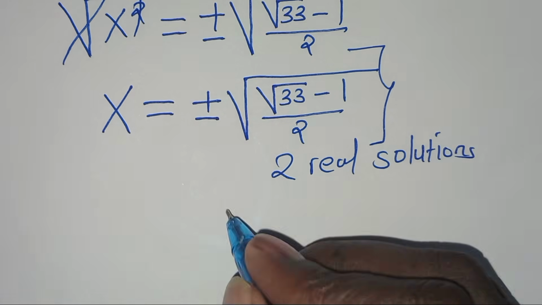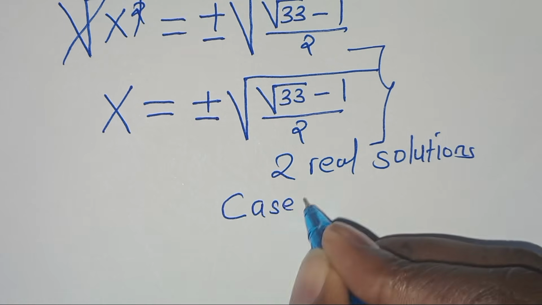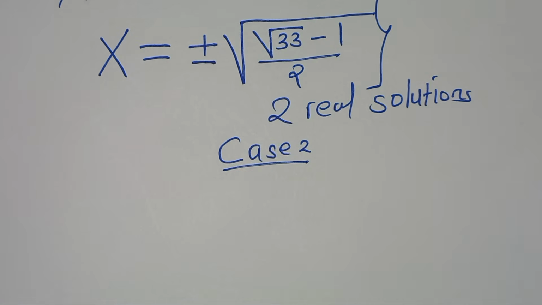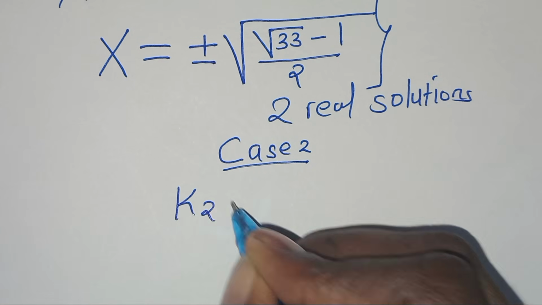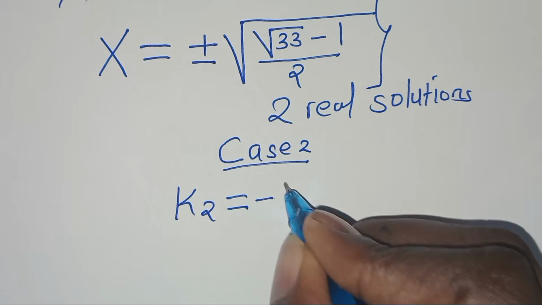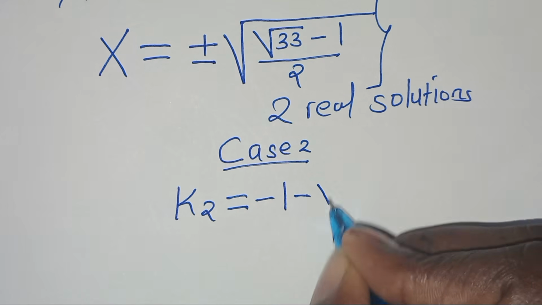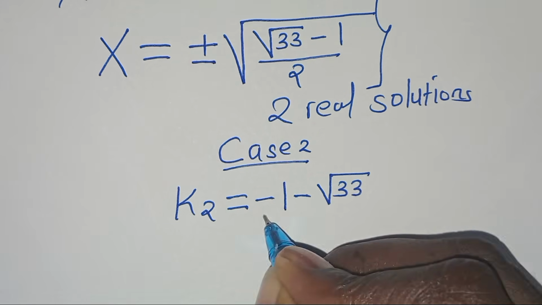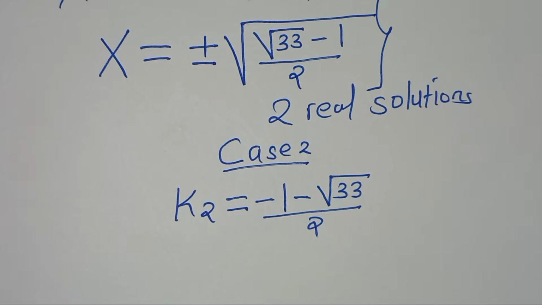Now let's proceed to the second case, that is case 2, where we have k2 equal to -1 minus square root of 33 divided by 2.